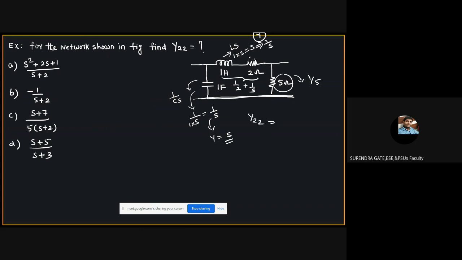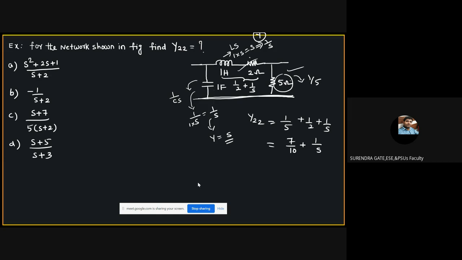Y22 means we can add these two only. 1 by 5 plus 1 by 2 plus 1 by s. Is it correct? Yes, friends.